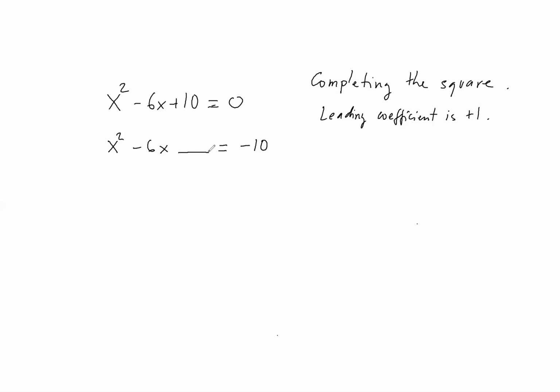That means I need to fill in the blank. Okay, now what should we put in here? Here's how we find it. I will take 6, which is the coefficient of the x term. That means the second coefficient.